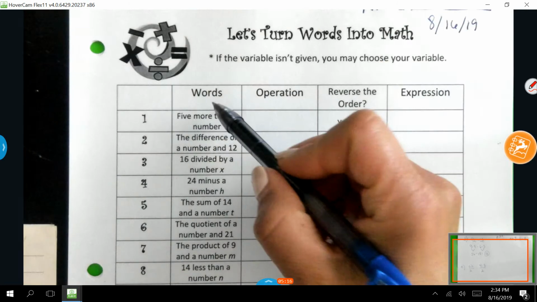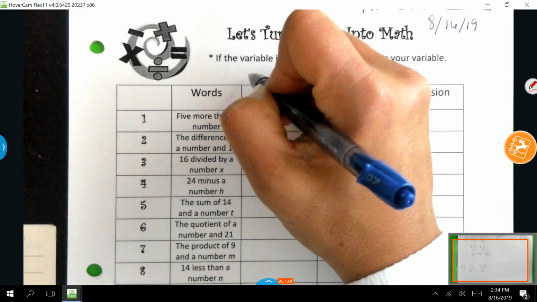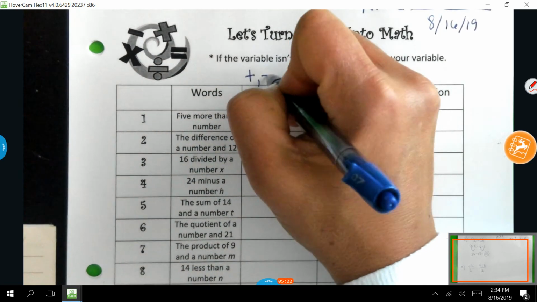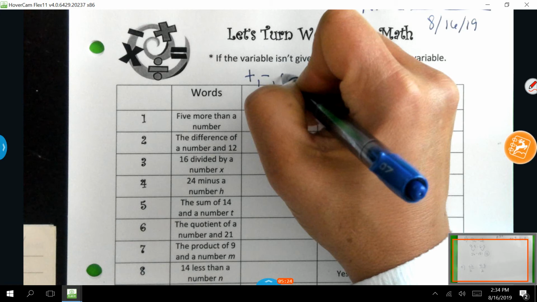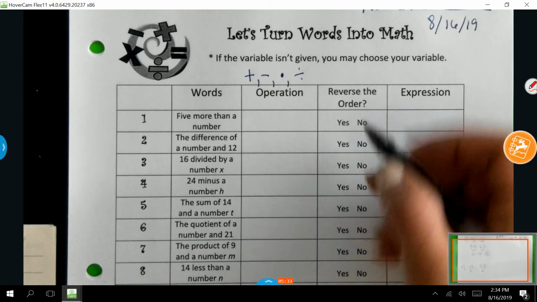So they give us all these problems in words. Operation, is it addition? Is it subtraction? Is it multiplication? Or is it division? That's what goes here. Those are the operations. Reverse the order.